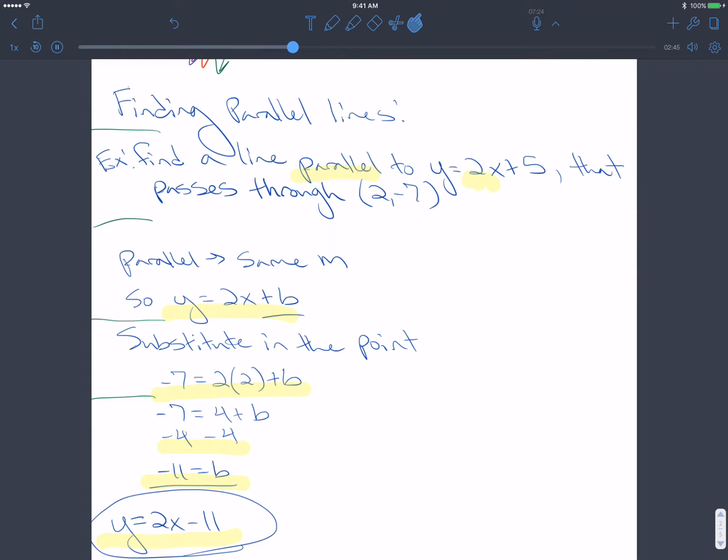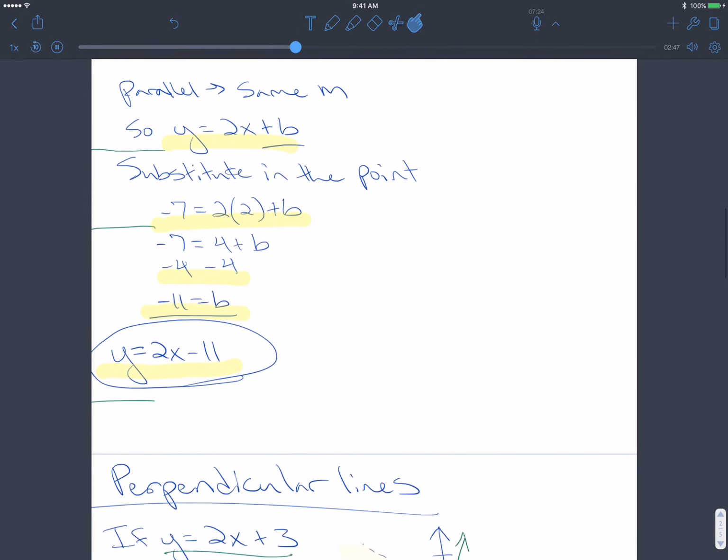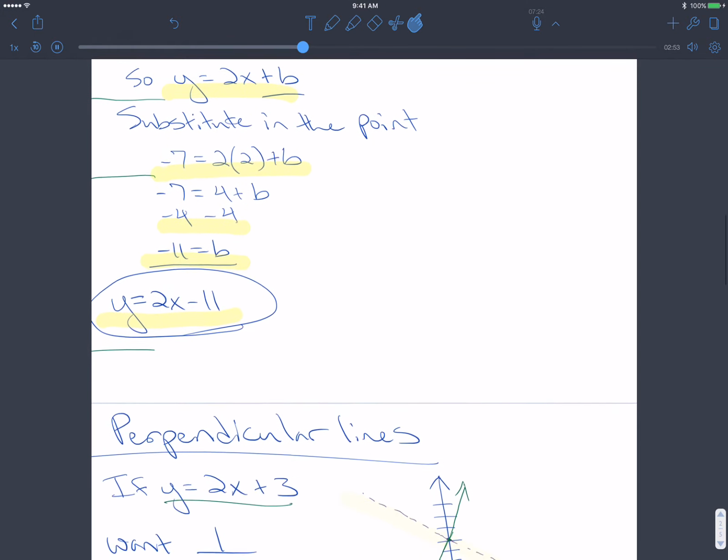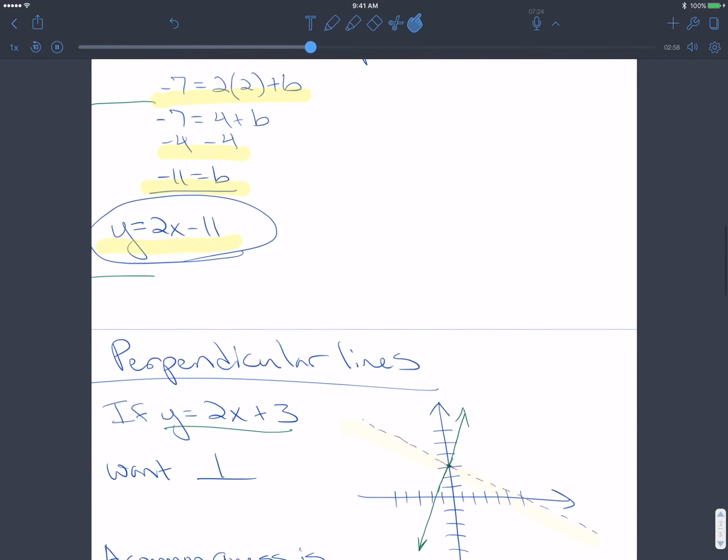Parallel lines are a little bit more straightforward. Perpendicular lines get a little weird, but it's not bad. If I work with the line y equals 2x plus 3, which I've sketched here, I want what is perpendicular to it.